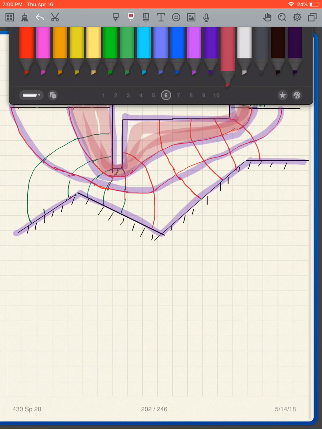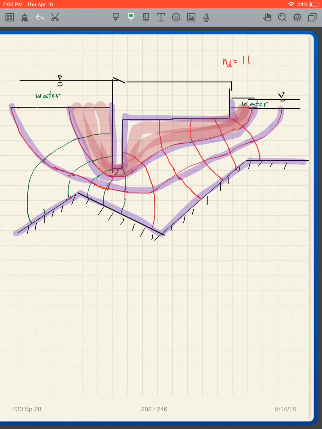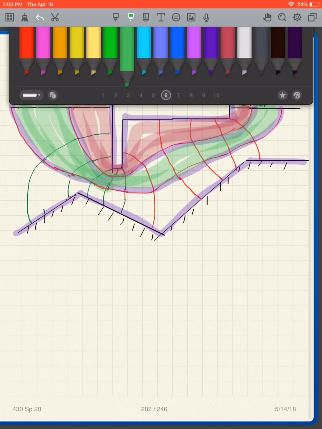And we can do another one here. This is another flow pipe or flow path. Why do I call it a flow pipe? Because it's like water flowing through a pipe. Because there is no water that crosses those flow lines. So it's like that's a pipe.